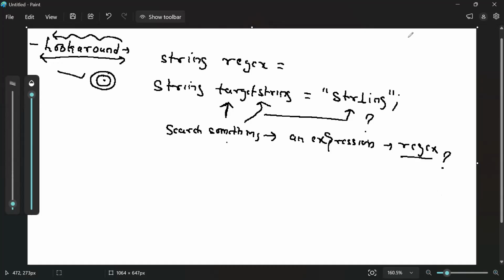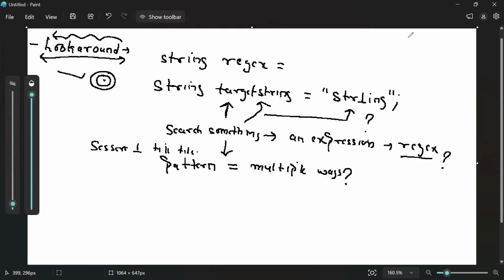And to search that something, we also say pattern. We can write a pattern in multiple ways, and those ways we have been discussing right from session 1 till this date.